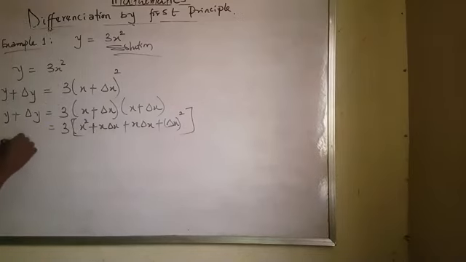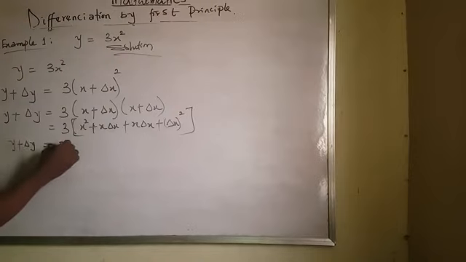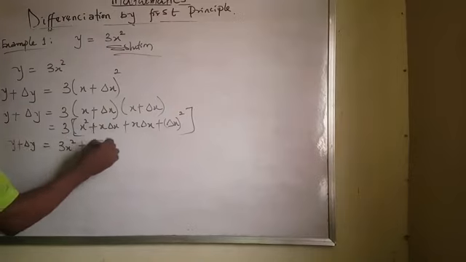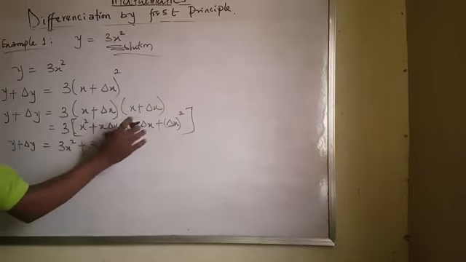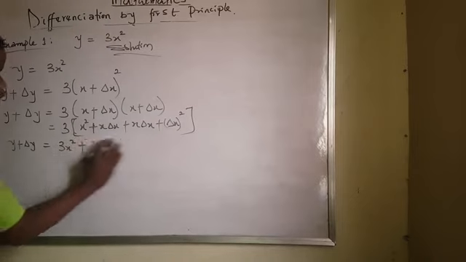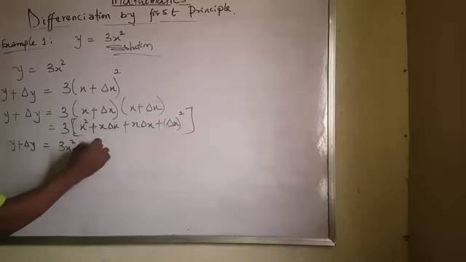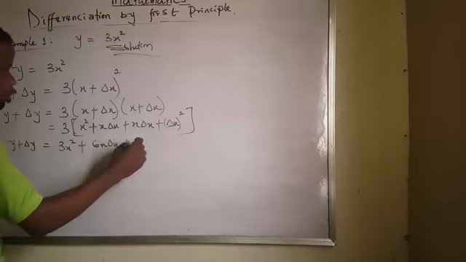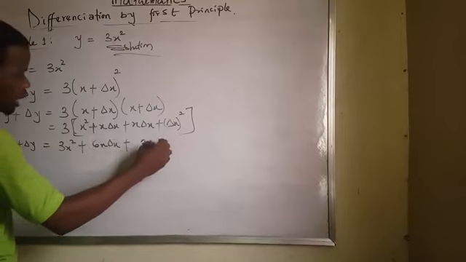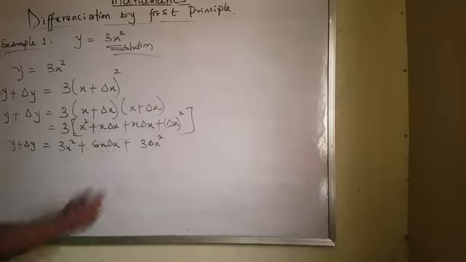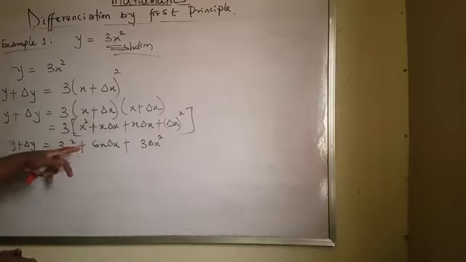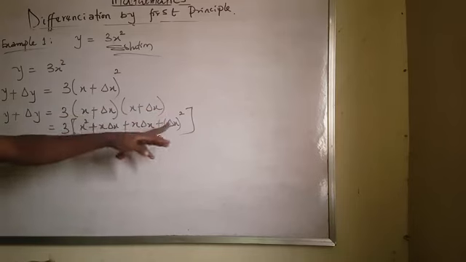So y plus change in y can be equal to 3x squared plus 3 times 2x change in x, that will become 6x change in x, plus 3 change in x squared. You get that? This will give us 3x squared, 6x change in x, change in x squared, then 3 times that.